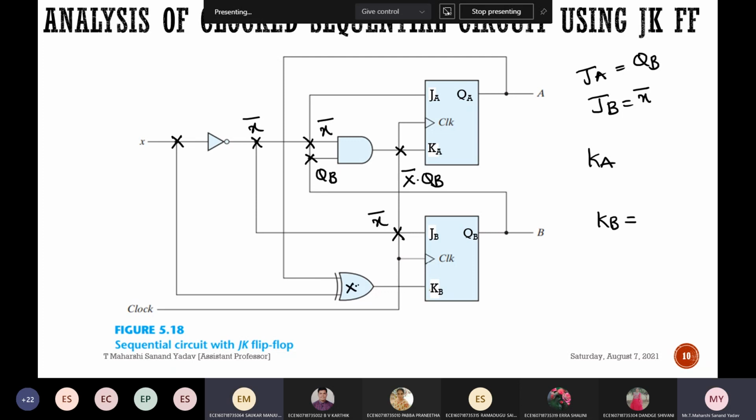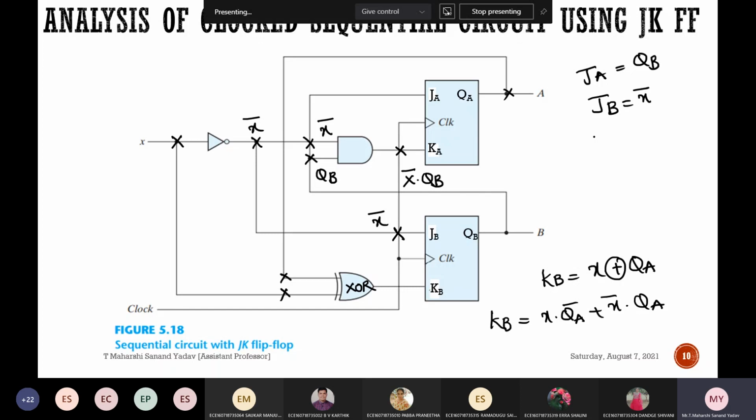QA XOR X. So KB is QA XOR X. Please elaborate this in terms of basic gates: X bar into QA plus QA bar into X. So we got the answer for KB also.